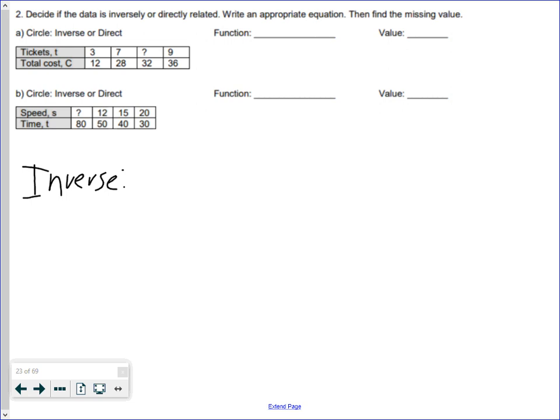All right, so I can multiply x, y, and that will always give me the same value of a. And if it was a direct function or directly related, let's actually do y over x, that should equal a. All right, and we'll see exactly what that means when we go over 2a and 2b.